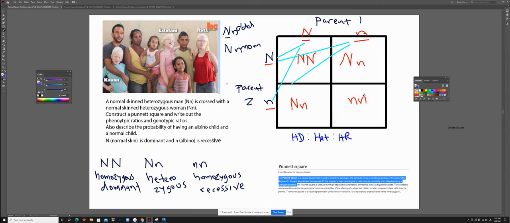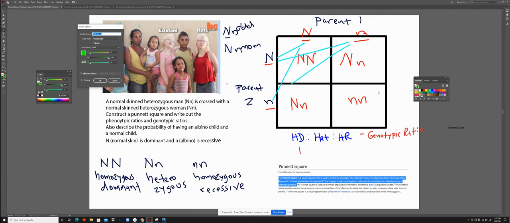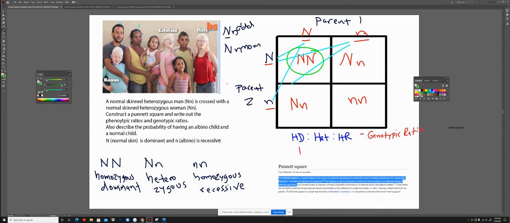So based off this combination, the genotypic ratio is going to be, I have one homozygous dominant. How many heterozygous do I have? 1, 2.